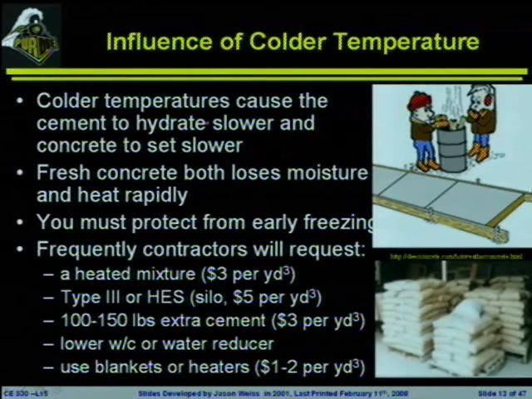One of the things that we frequently overlook, you'll hear people talk about wind speed quite a bit when it comes to moisture loss because that'll take water out of the system. But air across the top of a pavement can really have quite an impact on the temperature loss of the overall system as well. You have to protect the concrete from early freezing. If it freezes too early, it can cause a big problem because ice can start to push the hydrated products around.